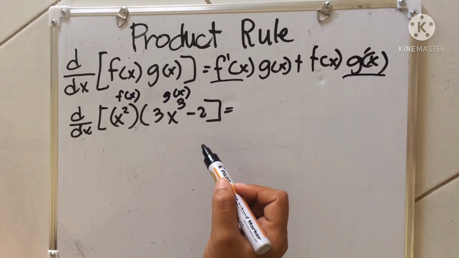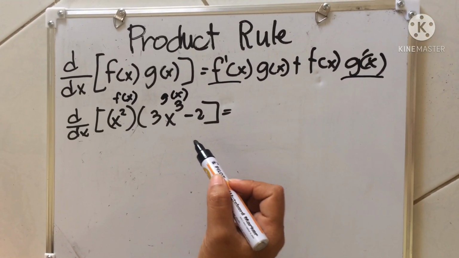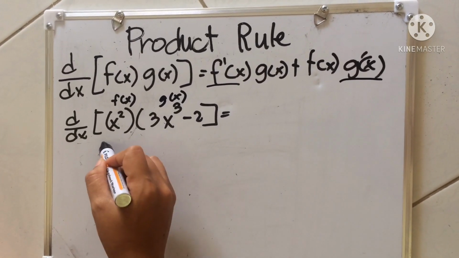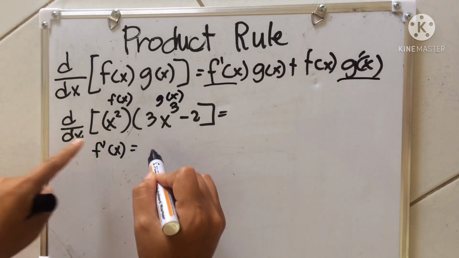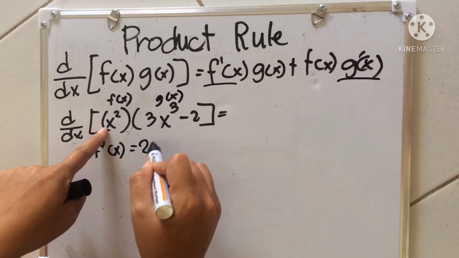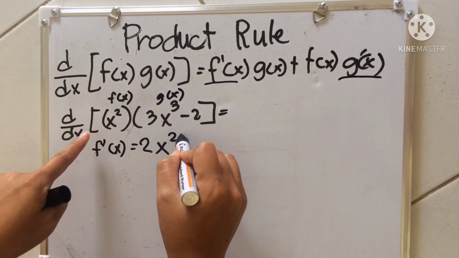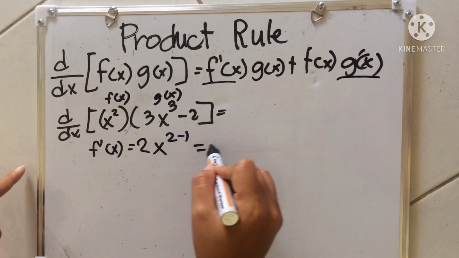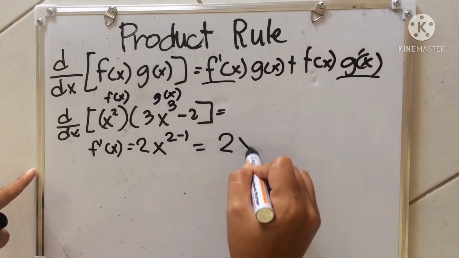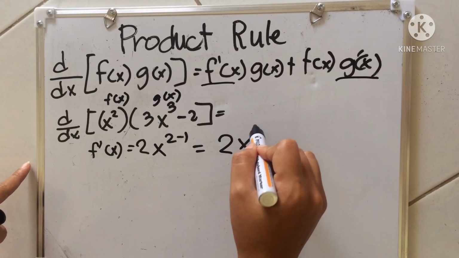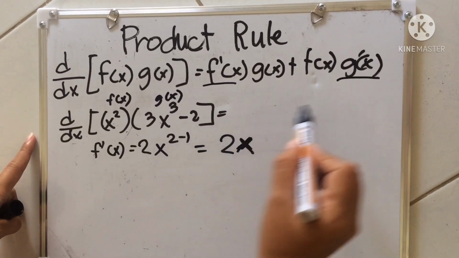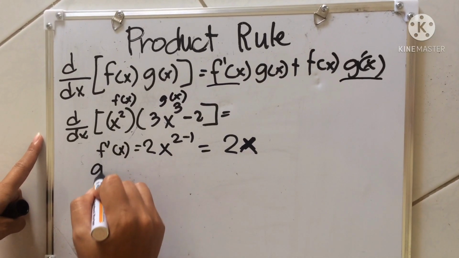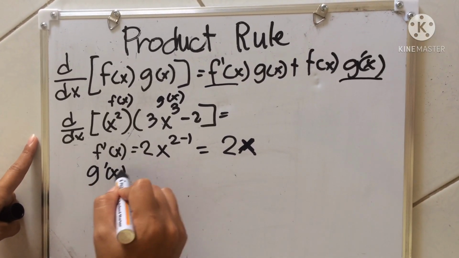In finding the f prime of x, we use the power rule. So f prime of x is equal to 2x to the power of 2 minus 1, which is equal to 2x. There is a 1 there, so it is considered as x. And then find the g prime of x.